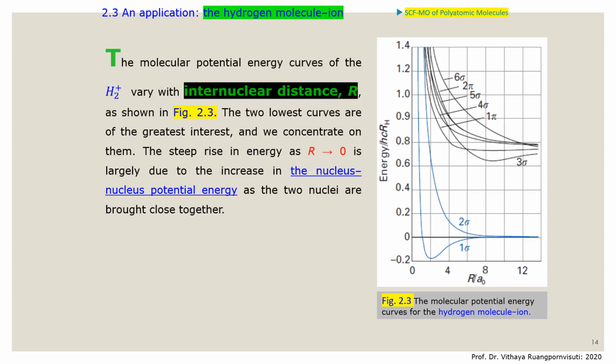The steep rise in the energy as the internuclear distance approaches zero is largely due to the increase in the nuclear potential energy as the two nuclei are brought close together.